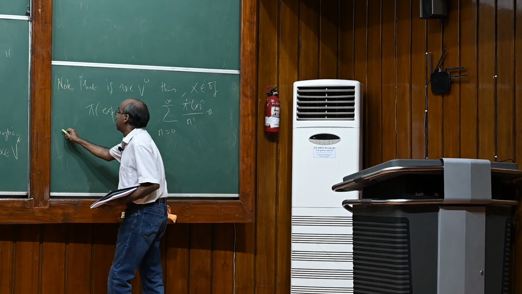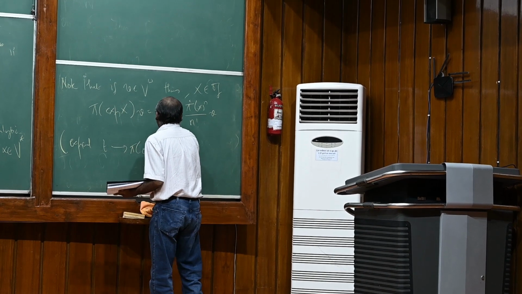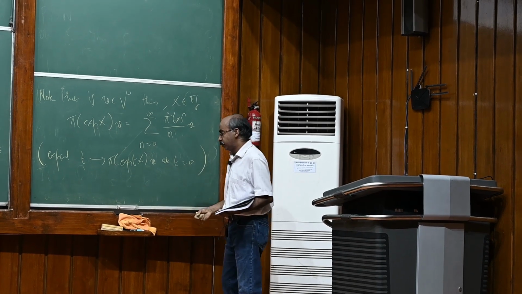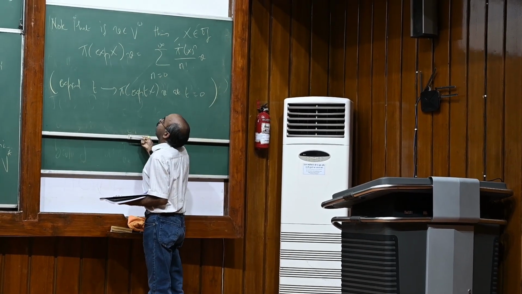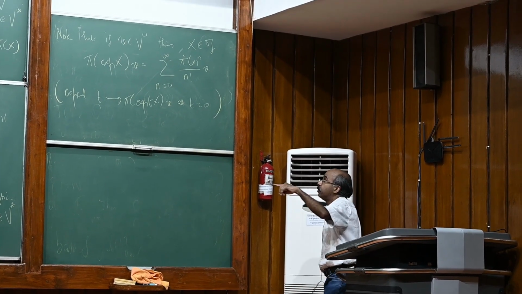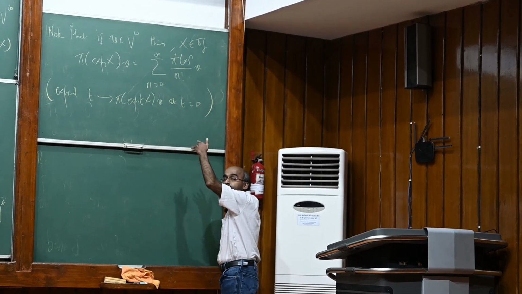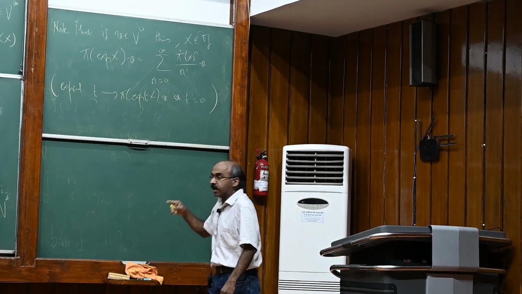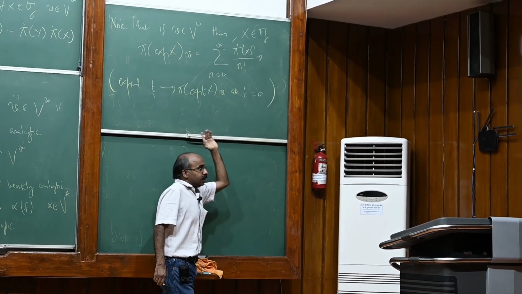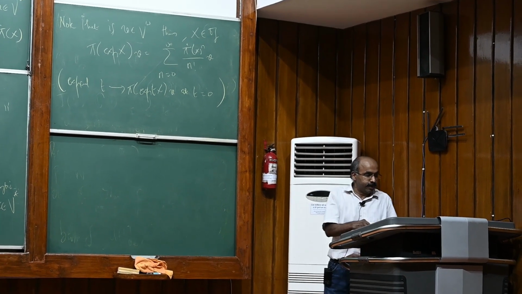So this is simply expanding t going to pi of exp(tx) v at t equal to 0. Right, pi dot of x is defined to be the first derivative at t equal to 0, and the higher derivatives will give you the higher powers of pi dot of x. And that will converge, right, because v is analytic, and this is simply the Taylor expansion at t equal to 0. Okay.